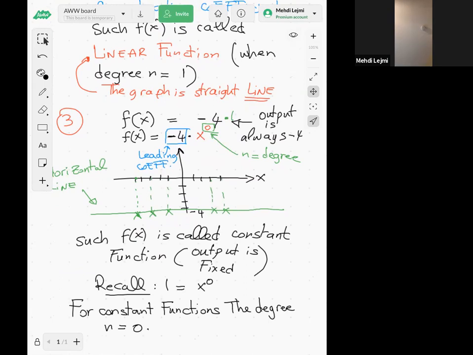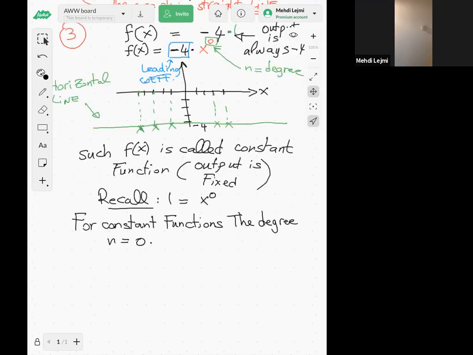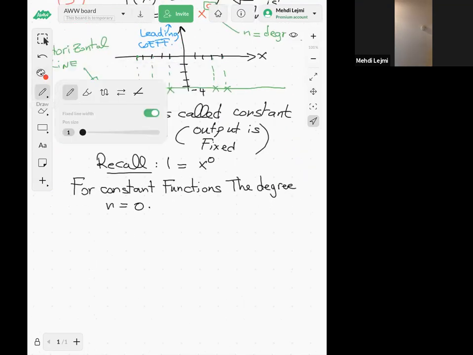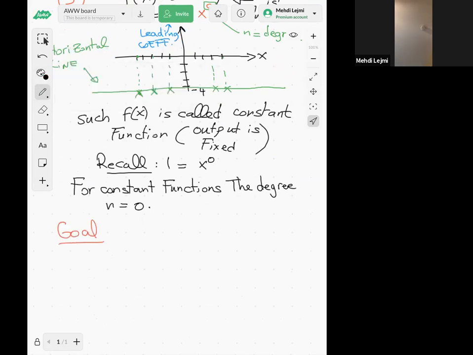So the goal today is to graph any polynomial function. We know how to graph parabolas, quadratic functions.